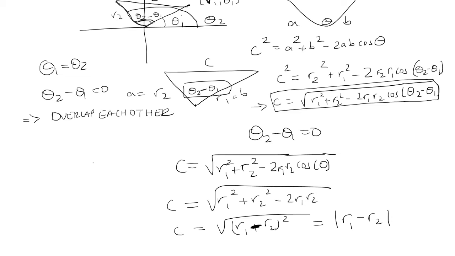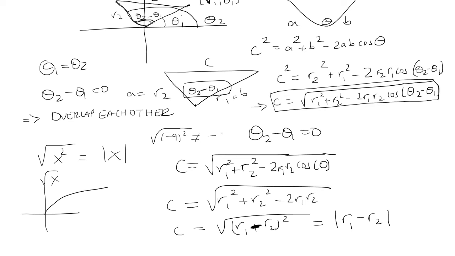So you may be wondering why it's the absolute value. In general, if you have the square root of x squared, this is the absolute value of x, because the square root function is always greater than or equal to 0. Let's say it was the square root of negative 9 squared. You would not say that this is negative 9.